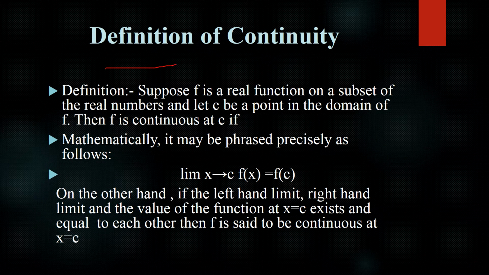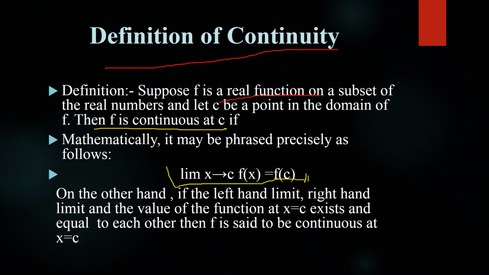What is the definition of continuity? Suppose f is a real function on a subset of the real numbers and c is a point in the domain of f. Then f is continuous at c if limit x tends to c of f(x) equals f(c).